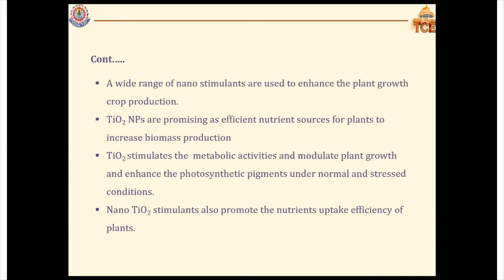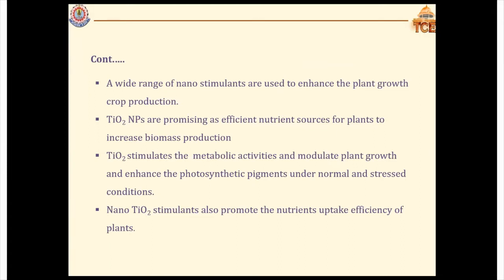Then a wide range of nanostimulants are used to enhance the plant growth and crop production, such as zinc oxide, titanium dioxide, cerium dioxide, silicon dioxide, etc. Among these, titanium dioxide nanoparticles are a promising and efficient nutrient source for plants to increase the biomass production of plants.